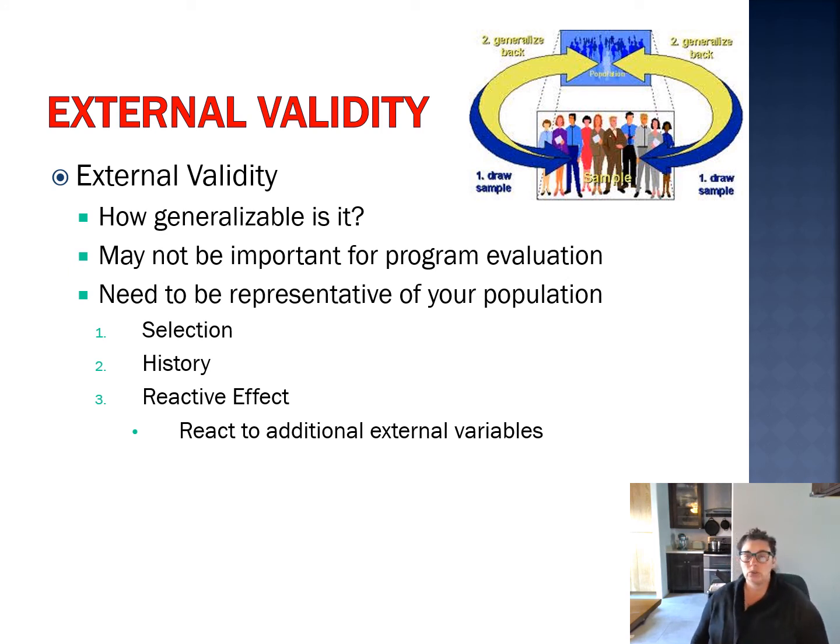You want that random selection to hopefully help you account for history, those external variables that you're trying to control for, and to make sure that you don't have additional reactive effects, meaning that people aren't reacting to some other variable other than the ones you're trying to measure. If you combine those things, you have more generalizable research. That has a lot to do with sampling design, the methodology that you choose, and the size of your sample.